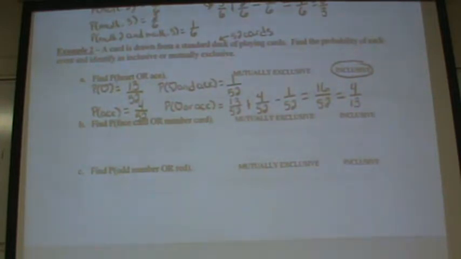Part B wants us to find the probability of drawing a face card or drawing a number card. Are those two events mutually exclusive or inclusive? Can you draw a face card and a number card at the same time?